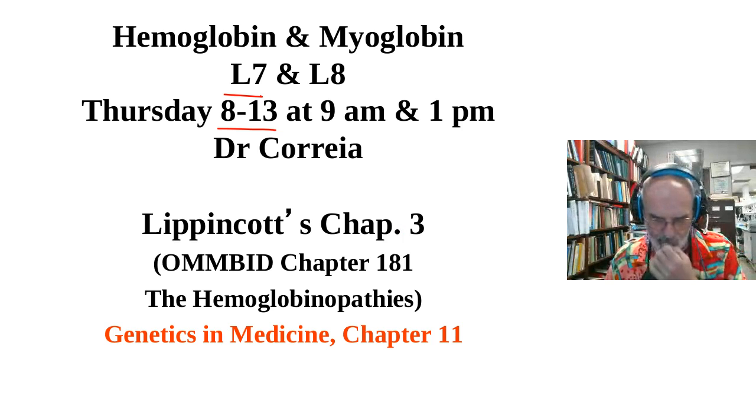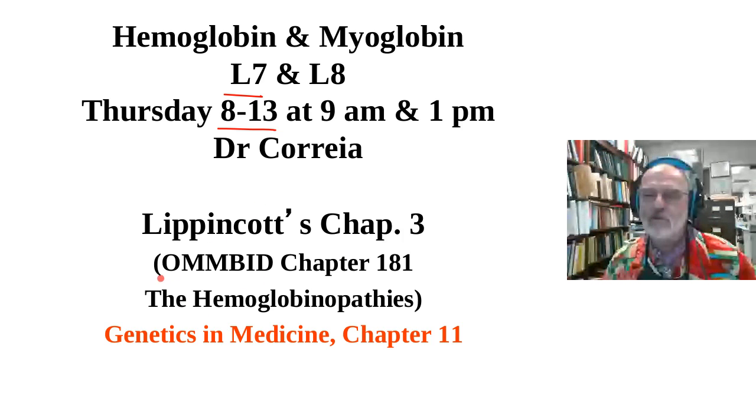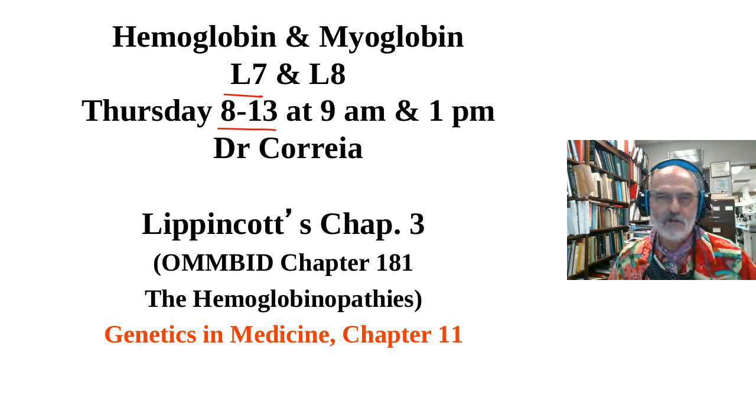We used to do a clinical earlier in the course on sickle cell, so I used to cover material earlier in the course on sickle cell and hemoglobinopathies. And a lot of this material came out of this chapter in this book, Genetics and Medicine, which I think we're still using for the genetics portion of this book.